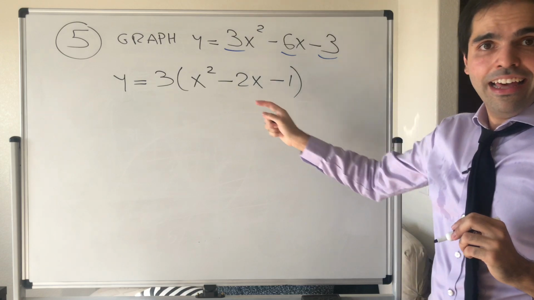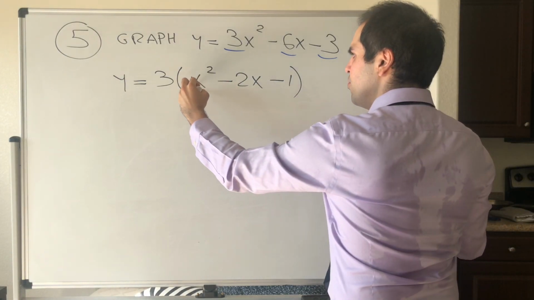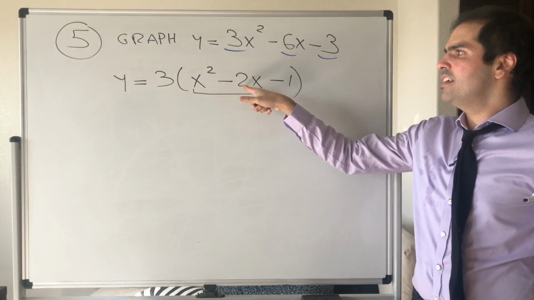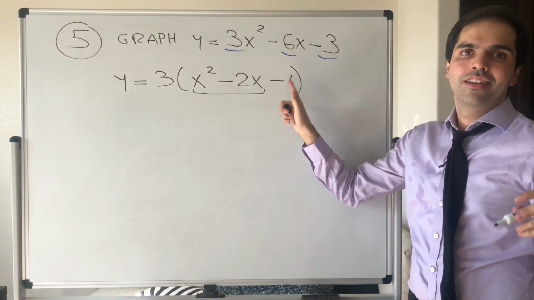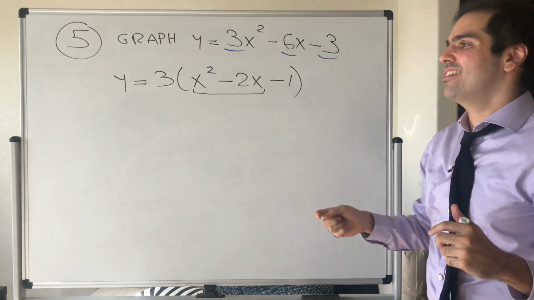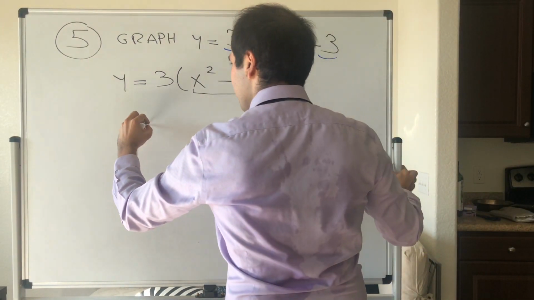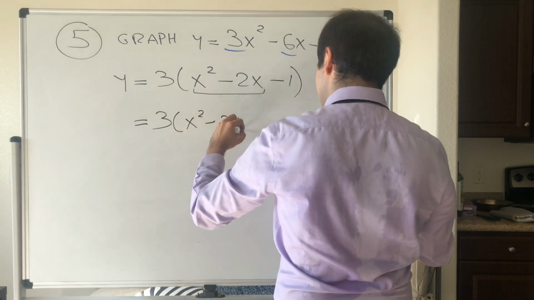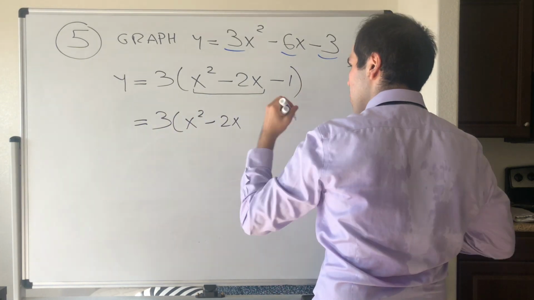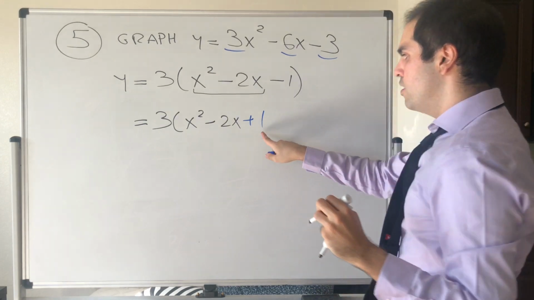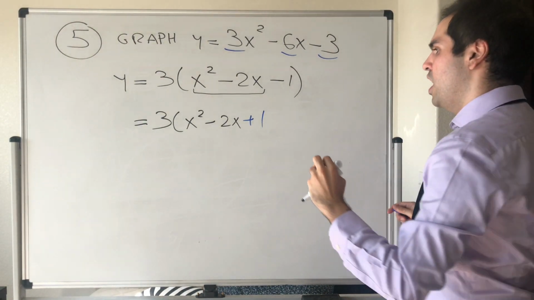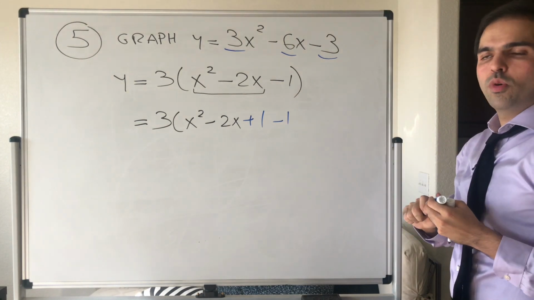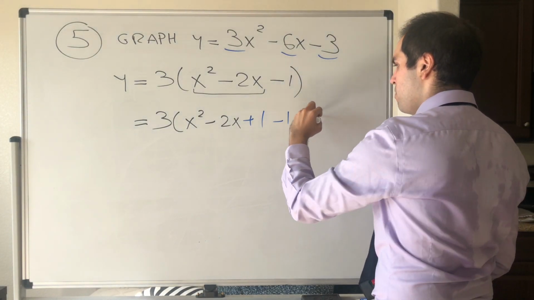And again, here, we want to complete the square. So notice, this looks like x squared minus 2x plus 1. So we start with this and try to clean this up. So this becomes 3 times x squared minus 2x plus 1. But to get rid of this plus 1, you have to subtract 1. And you still have this minus 1 here, so you keep it there.